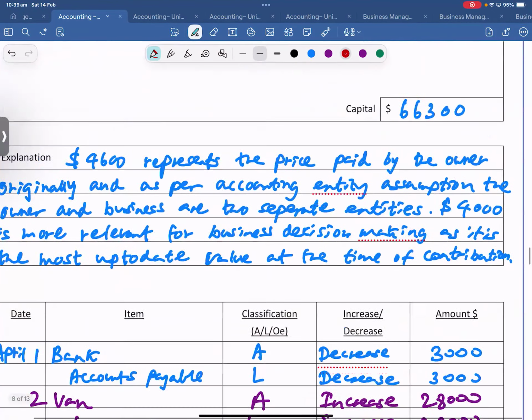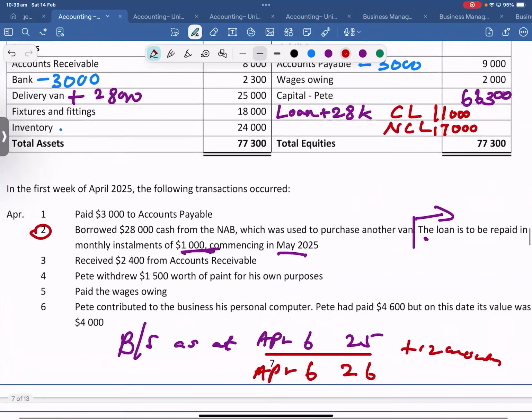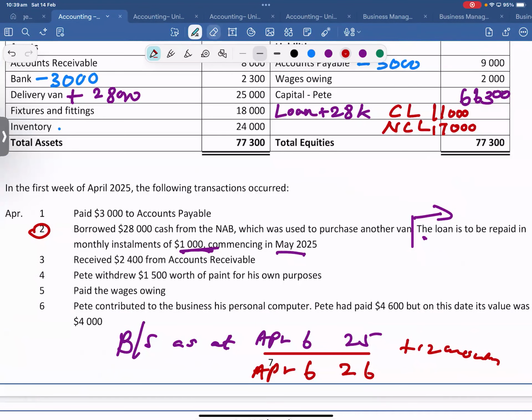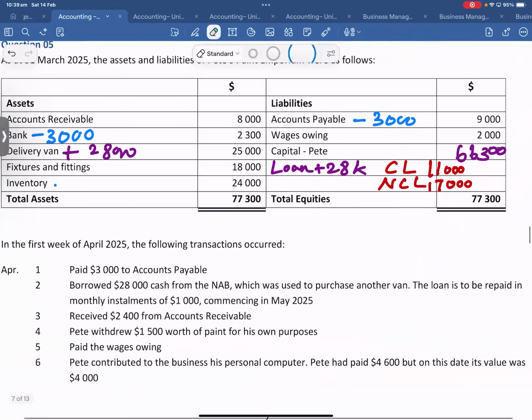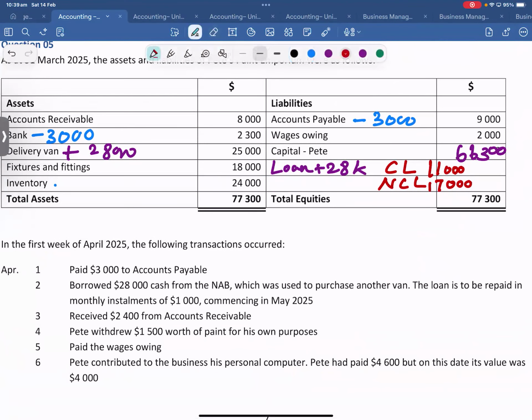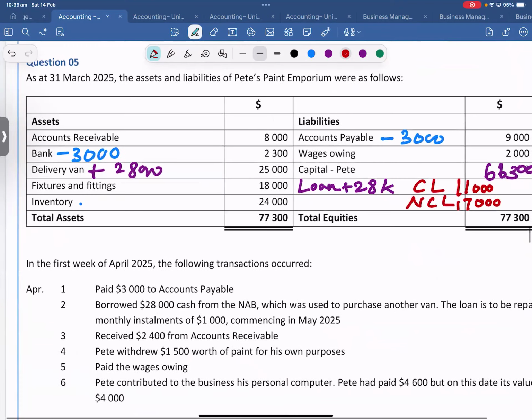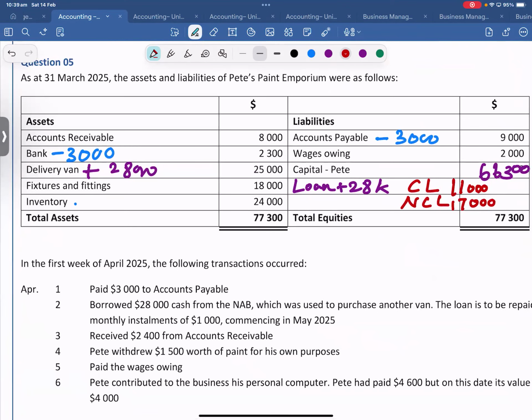Right. Then we'll do part April 3rd. Right. Receive 2,400 from the accounts receivable. So what happens? Your accounts receivable will decrease.